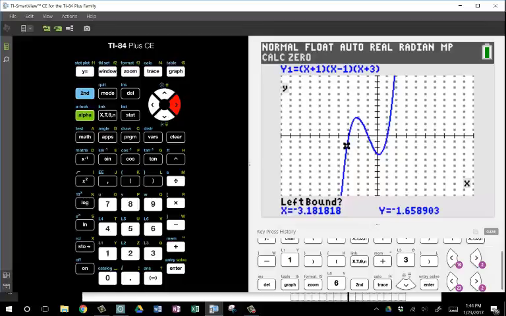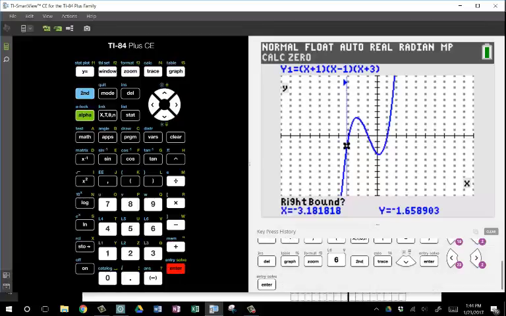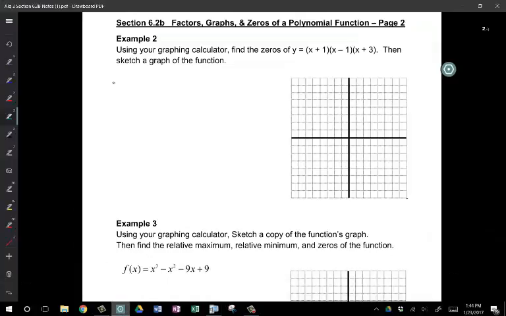So we want to pick something in this range over here. Okay? So take that in mind, and once you're left of that point, hit enter. Now what's it asking us for? A right bound. Would you say I'm now right of that zero? So hit enter again. And now we hit enter a third time, and it jumps right to the zero. So our first zero is x equals -3. So I'm going to write that down.